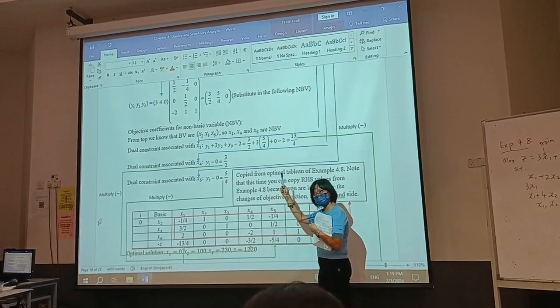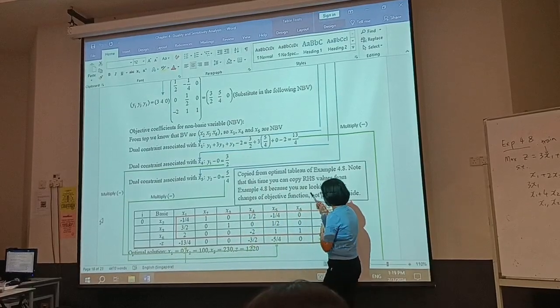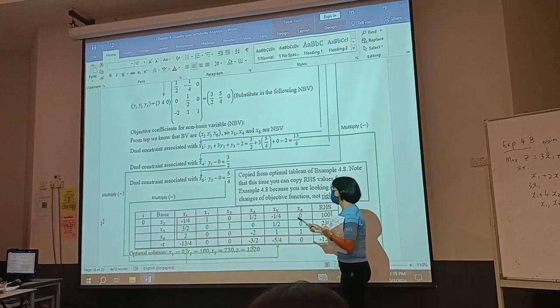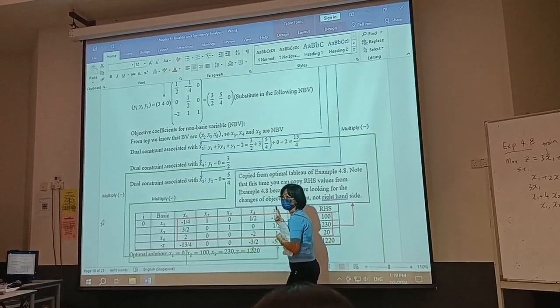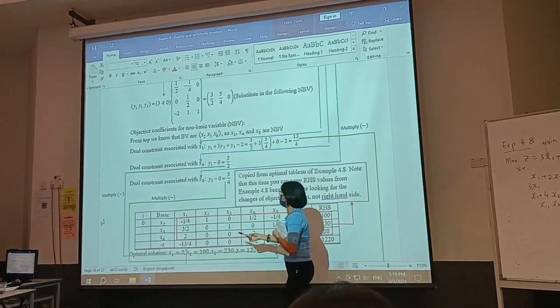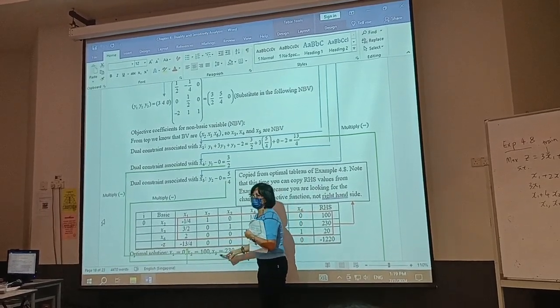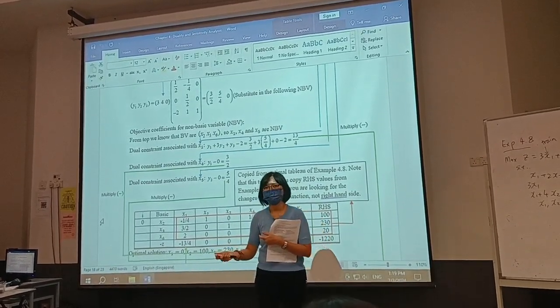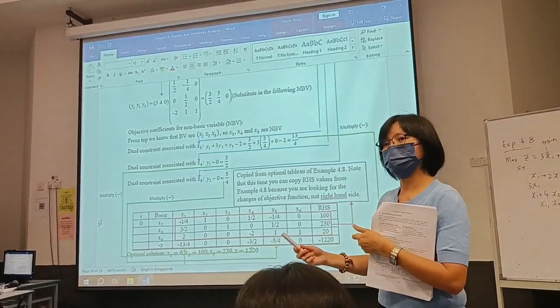Then how about the basic variables? We have the basic variables 2, 3, and also 6 here. How are we going to figure out the z value for 2, 3, 6? As you can see from here, the z values for 2, 3, 6 are all equal to 0. Why? Ryan?